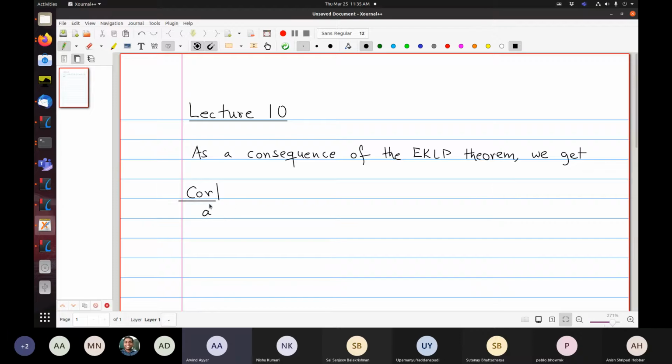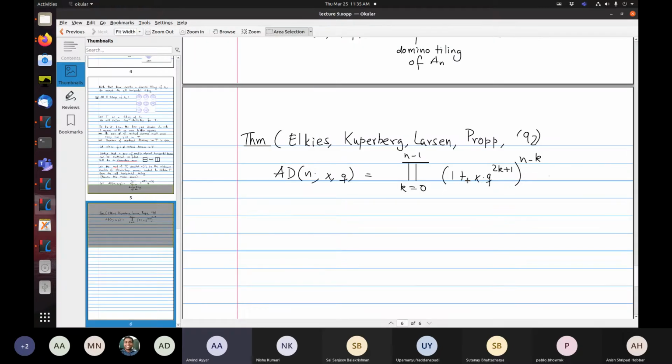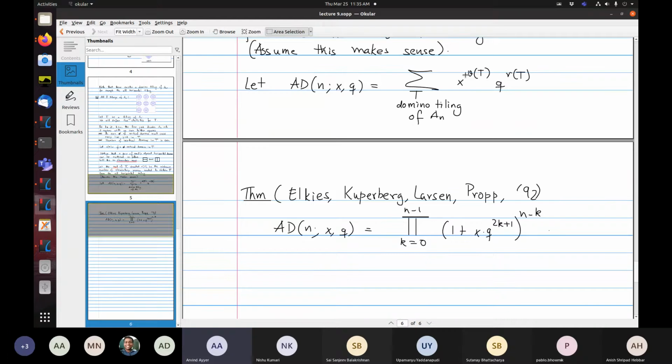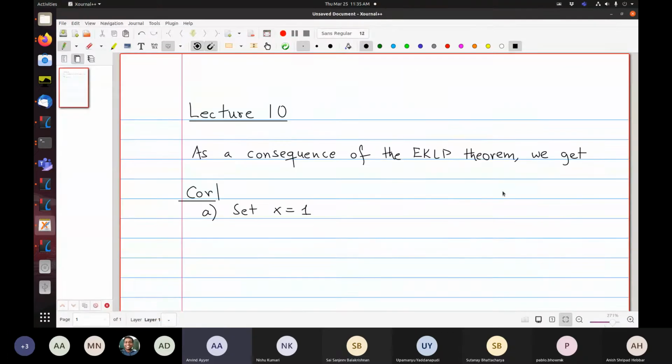So if you set x equal to 1, that is, you don't count the number of vertical dominoes, you get AD of n, q.